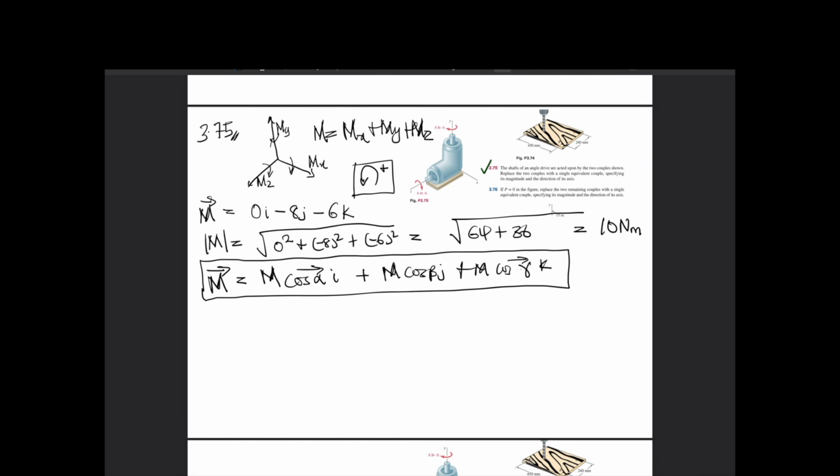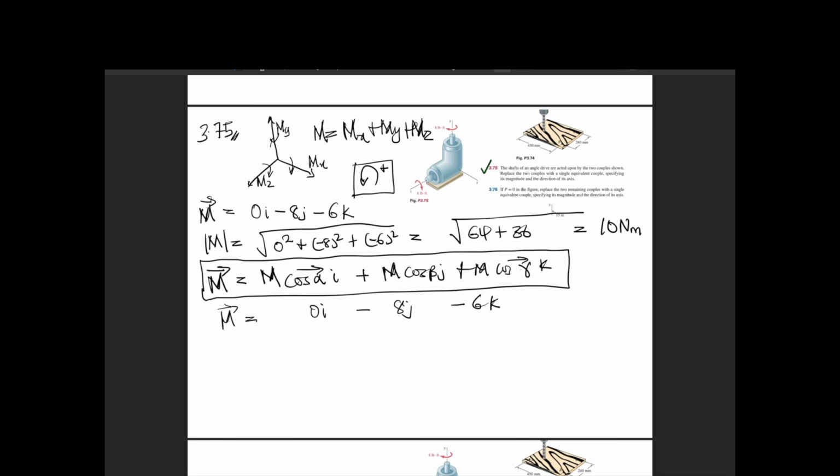So what we are going to do is to compare the vector form of our moment to this general formula. So we can write M equal to 0i minus 8j minus 6k. When we compare the two formulas, we can simply extract three equations.